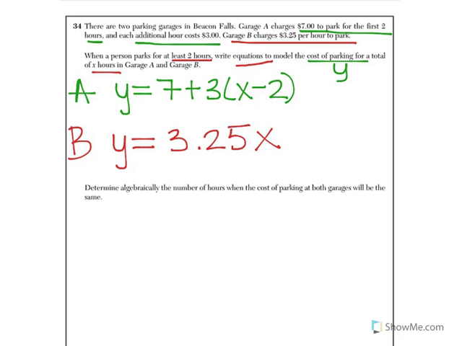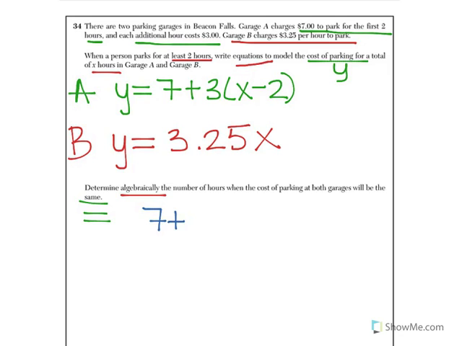Now when it says determine algebraically, again keyword algebraically, the number of hours when the cost of parking at both garages will be the same, well, we know that in math the same just means equal. And so we're going to set these two equations equal to each other and solve for x for the total amount of hours that these two garages will be equal.